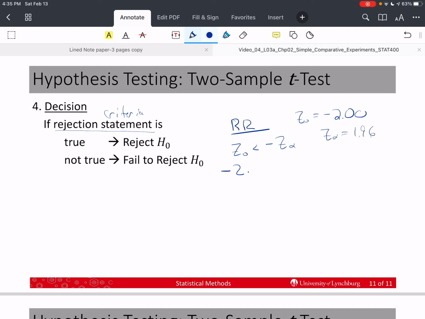Then we'd have negative 2.0 is less than negative 1.96, and that would be true, so we would reject h naught.